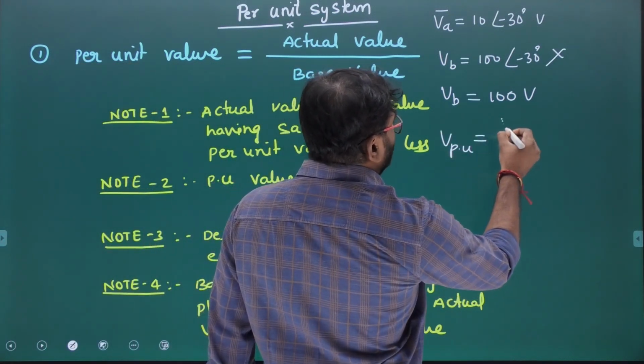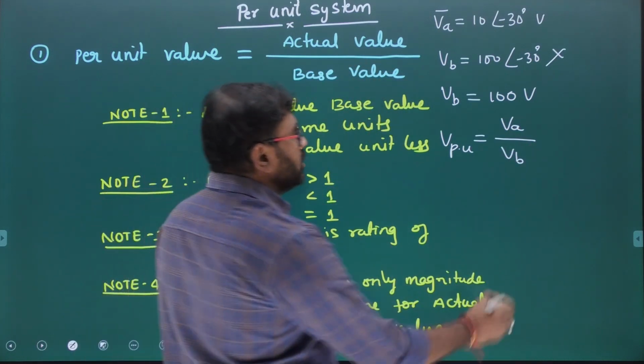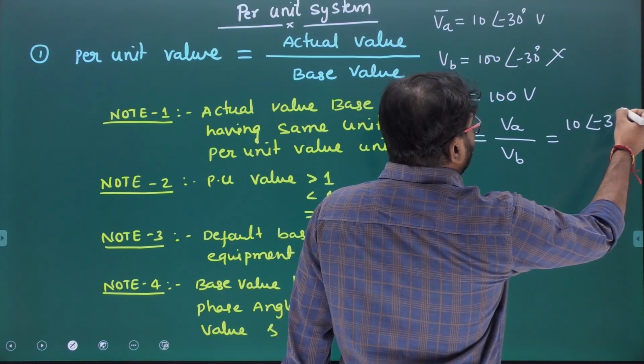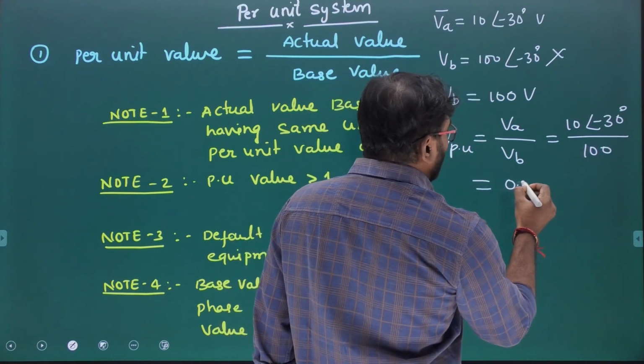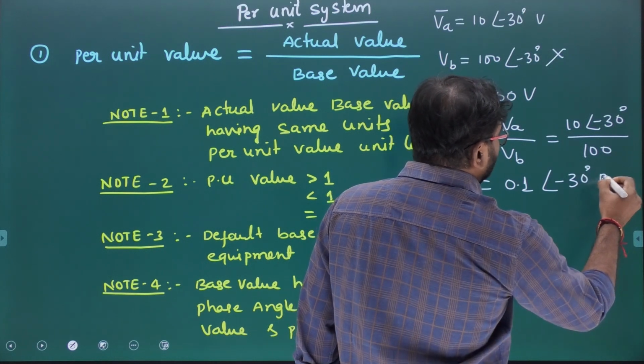So what is V per unit? V per unit equals V actual by V base. If it is V actual by V base, then what do I get now? 10 at an angle minus 30 degrees divided by 100. If I solve this, we get 0.1 at an angle minus 30 degrees per unit.